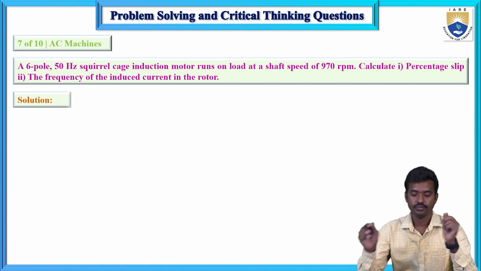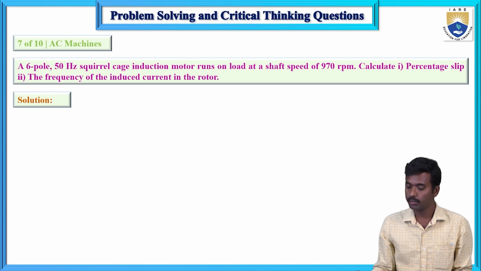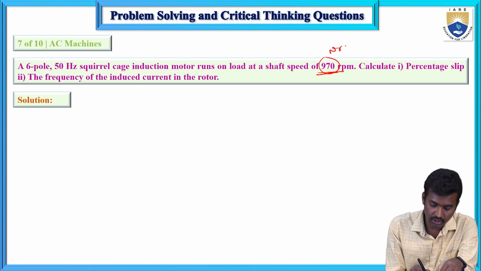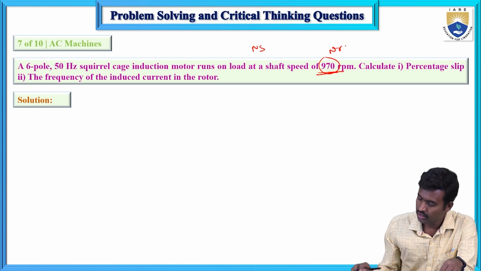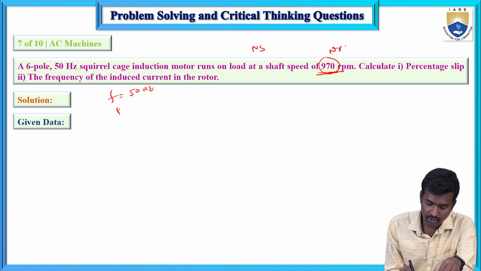To get the percentage slip, we need the running speed NR and NS. The given data: F equals 50 Hz, P equals 6, and NR equals 970.